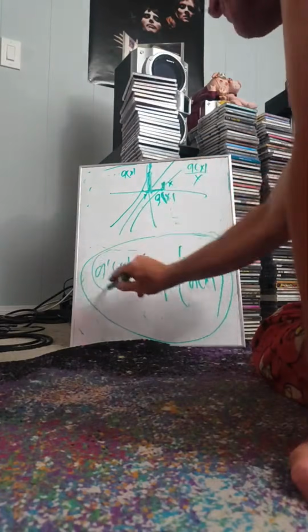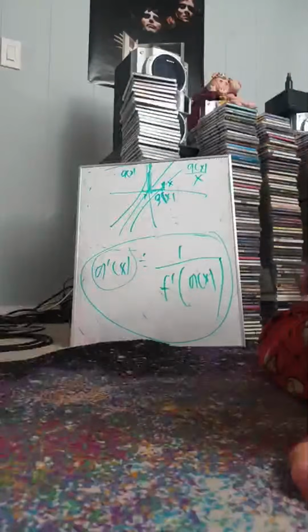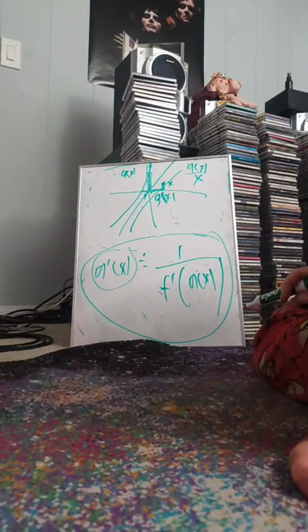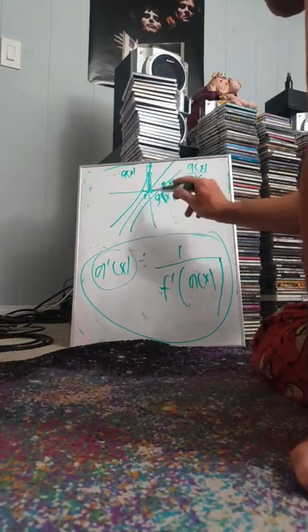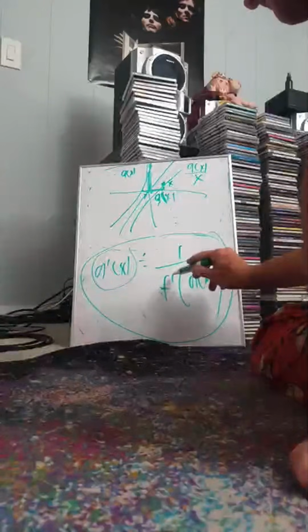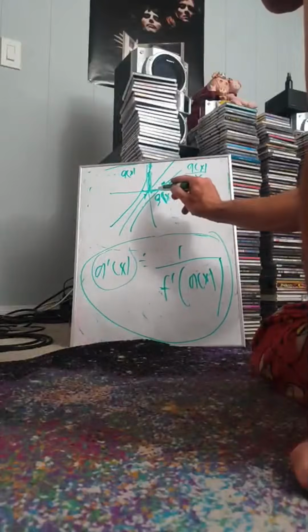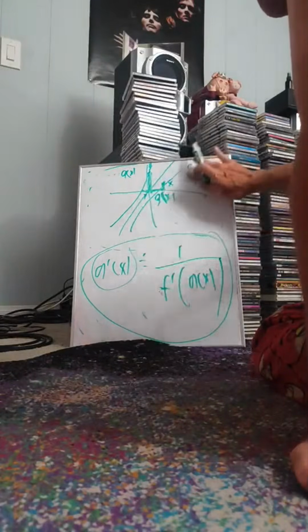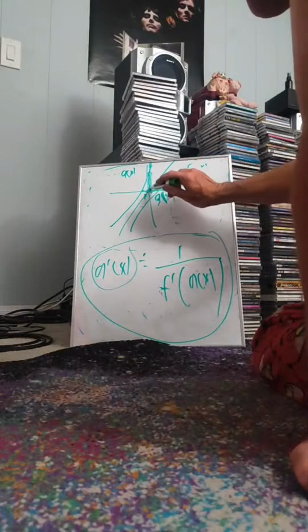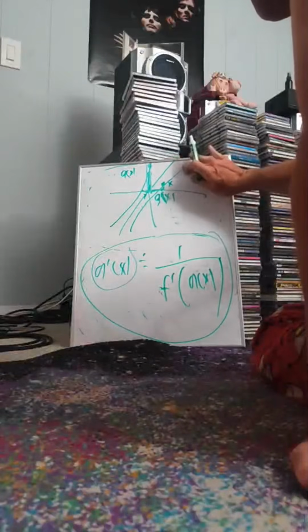Okay, that's g prime of x, g of x over x, essentially. And then this slope here is the inverted slope of that g prime of x. So what I mean is, this is x. This is g of x.